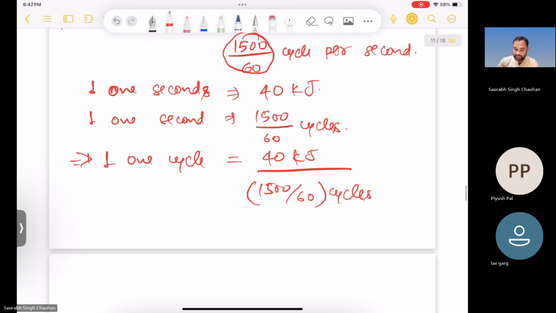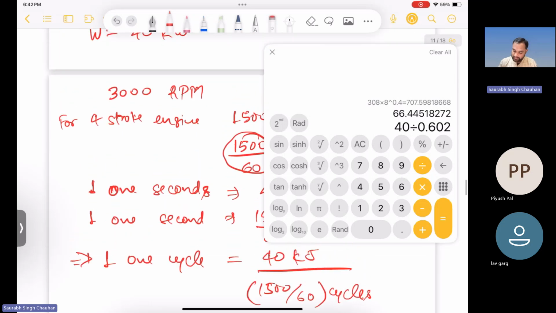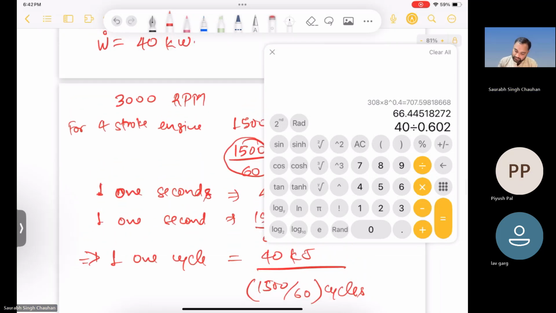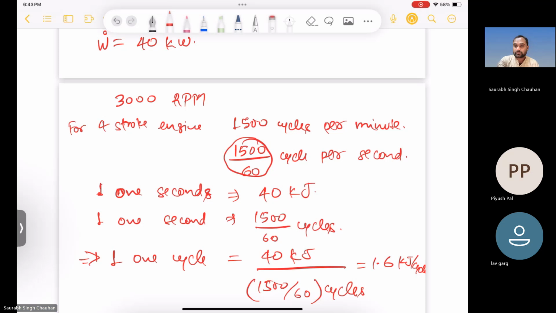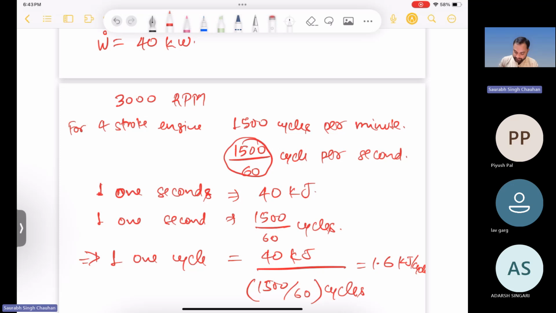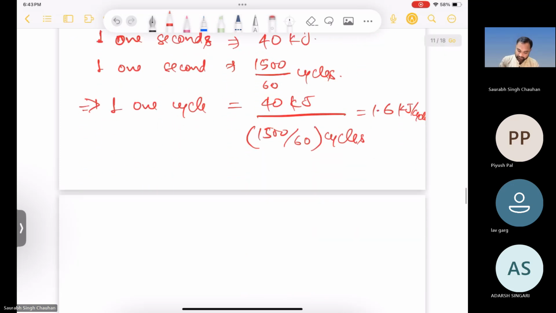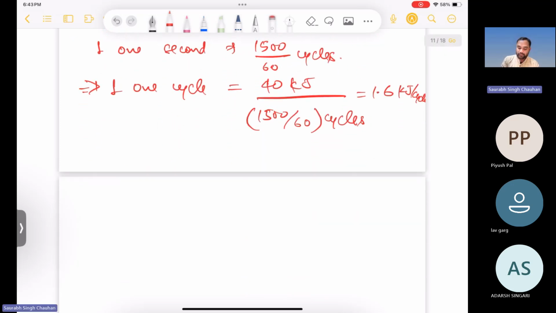So 40 divided by 1500 divided by 60, then we are getting 1.6 kilojoule per cycle. So work per cycle we have got, right?